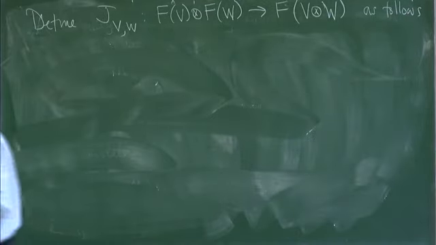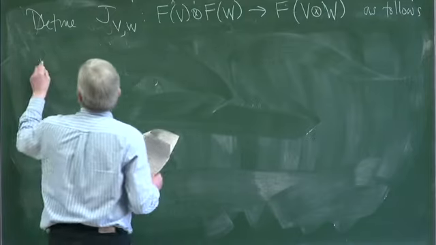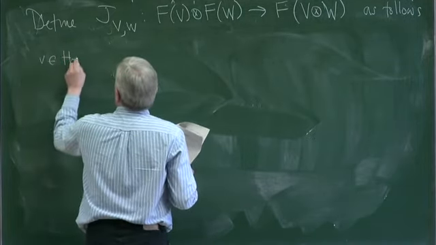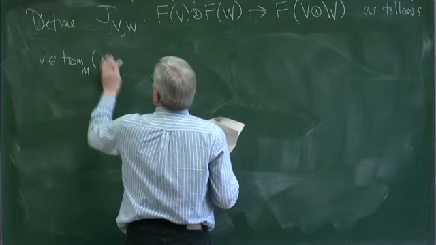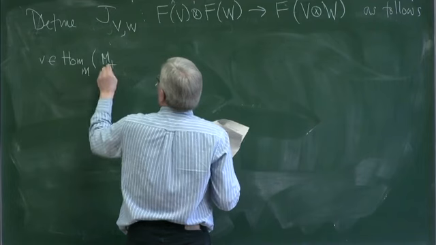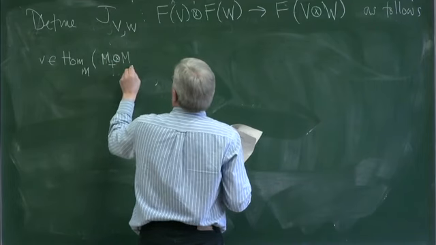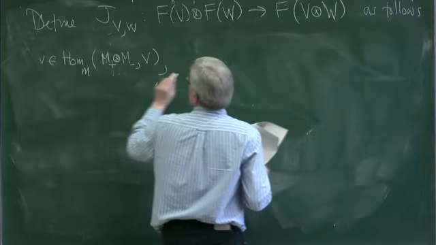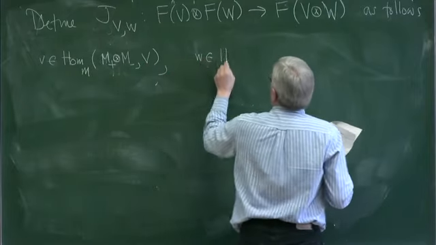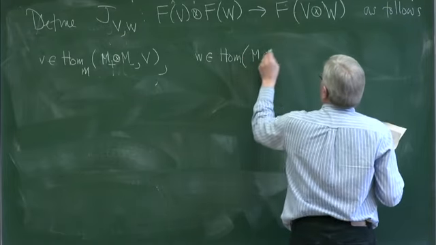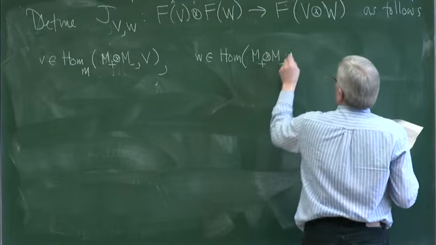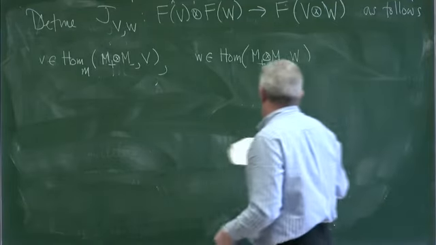Okay, so I start with V in Hom M plus tensor M minus, and W in Hom M plus tensor M minus W. And I'll write it like this.